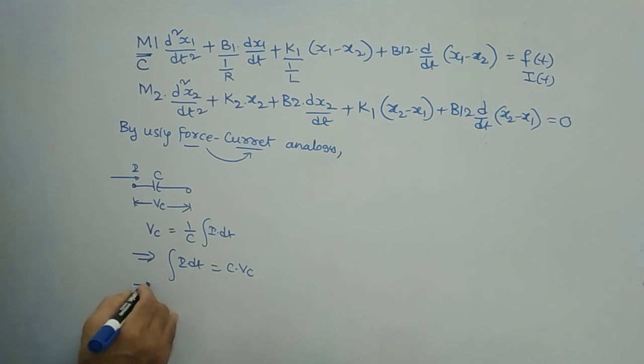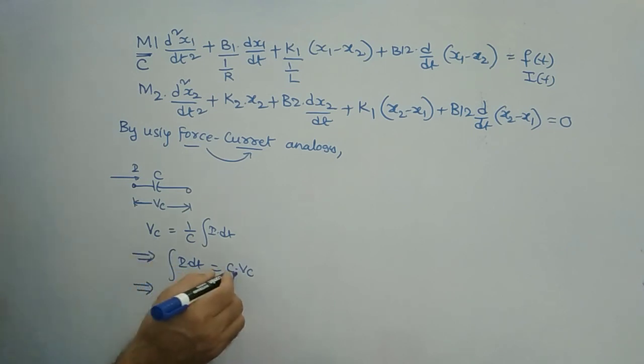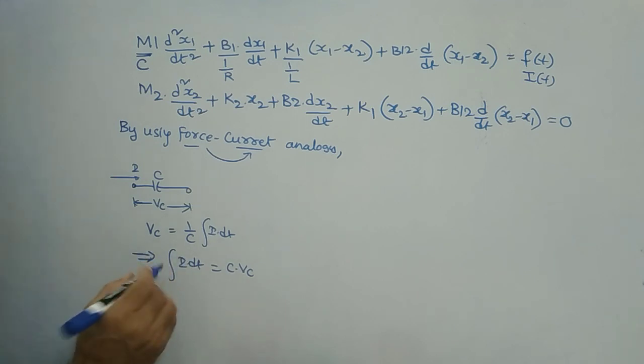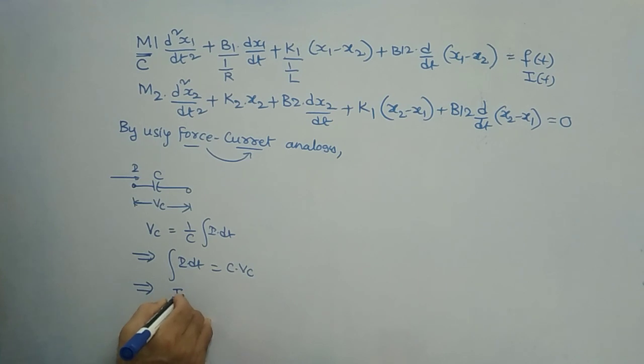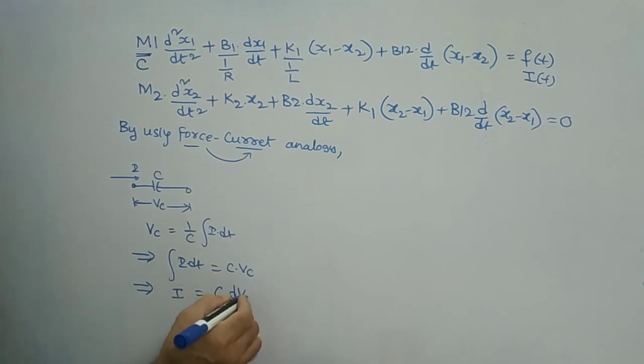I want current only, so I want the I value. We have integration here, so if I want the current value, you differentiate on both sides. Differentiation and integration will cancel out, and you will have I. Taking the differentiation, I is equal to C dVc by dt.